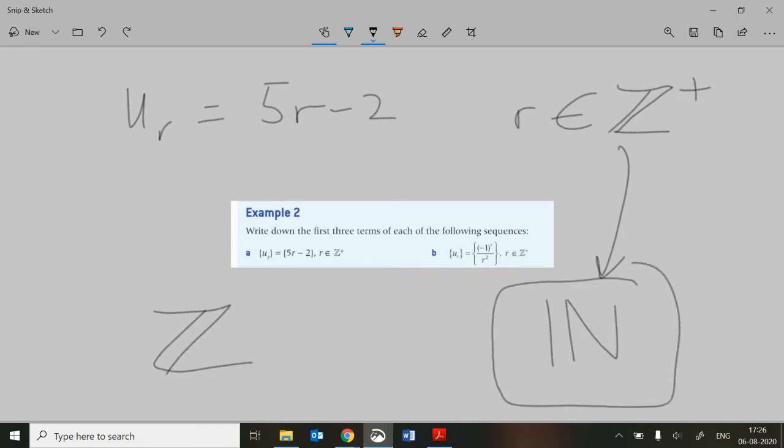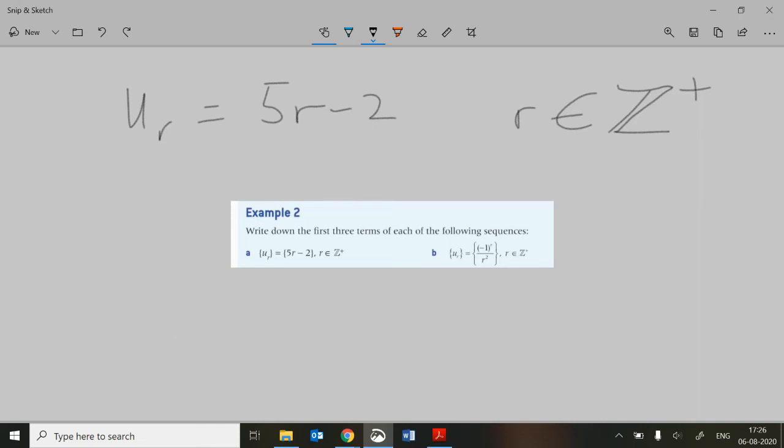Natural numbers ambiguously sometimes do include 0 and sometimes don't. So often you'll see things like N plus or N star, just to say all of the positive integers, not including 0. Or sometimes you'll see N zero, with the 0 meaning it does include 0. Anyway, this is really just talking about using the numbers 1, 2, 3, 4, 5, and so on.